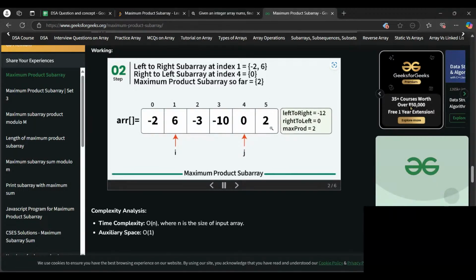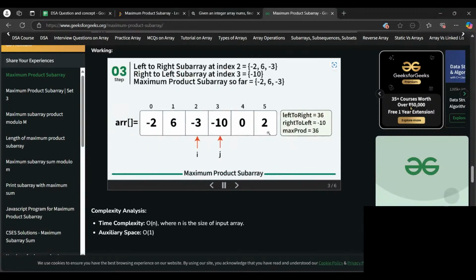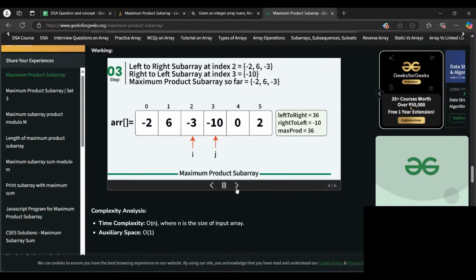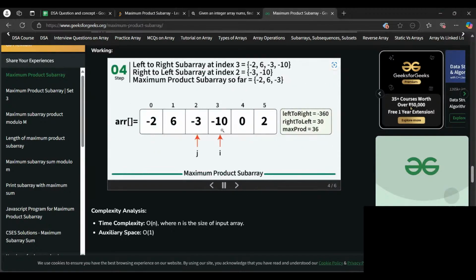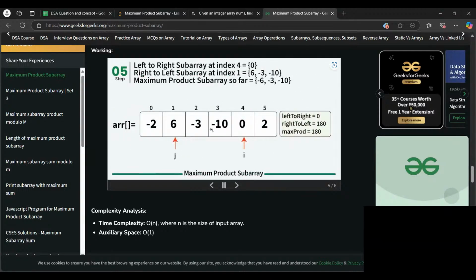2, because minus 2 0 is 2 already, and you see 36 minus 10 minus 2. After you see j is here and i is here, where the right to left 30 into 1 by 30 and left to minus 36 product, you can also change it. 10 3 6 is 180 and becomes 0, and 180 is max.